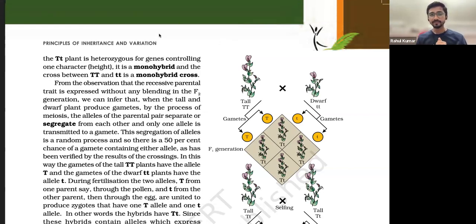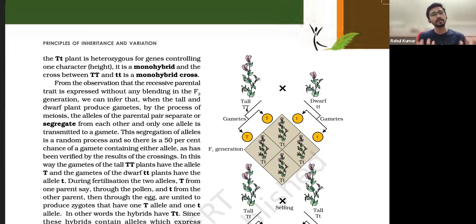So I am saying let's assume Mendel took a tall plant and a dwarf plant. The dwarf plant that he took for sure will be small t, small t. There is no other way you can make a dwarf plant here because the law of dominance is being followed. But the tall plant that he took was not capital T, capital T. It was capital T, small t.